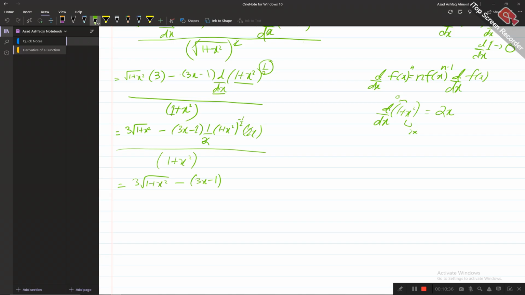Now this power is minus, so it will shift to the denominator and become plus. So we get x divided by square root of 1 plus x square, and this whole divided by 1 plus x square.